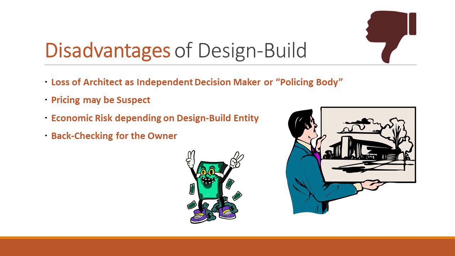Pricing can be suspect for the same reason. If you're doing fast track, but you have a separate designer from the contractor, you would still ask your designer to make cost estimates. And those cost estimates can be a backstop to when the fast track pricing comes in from the contractor.